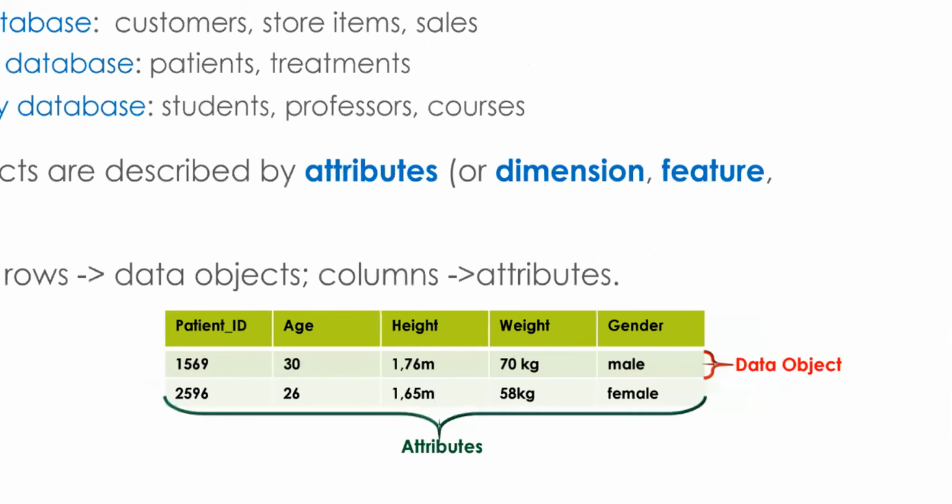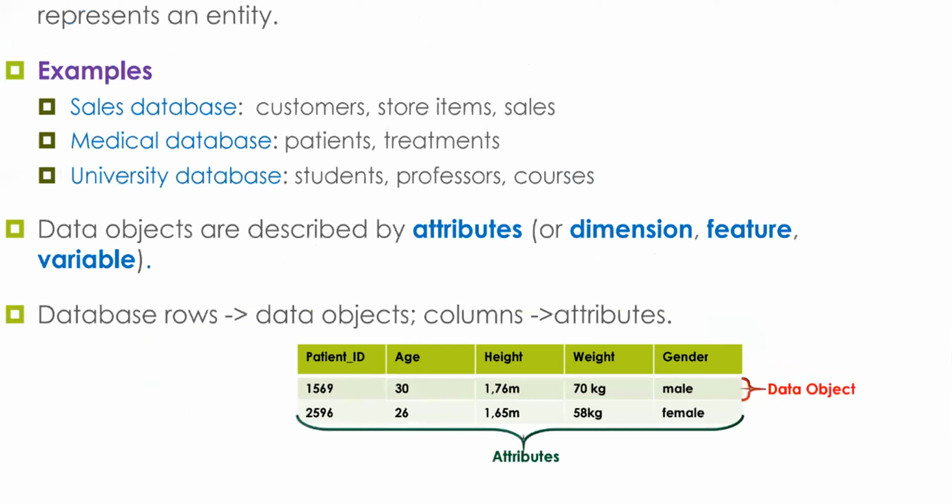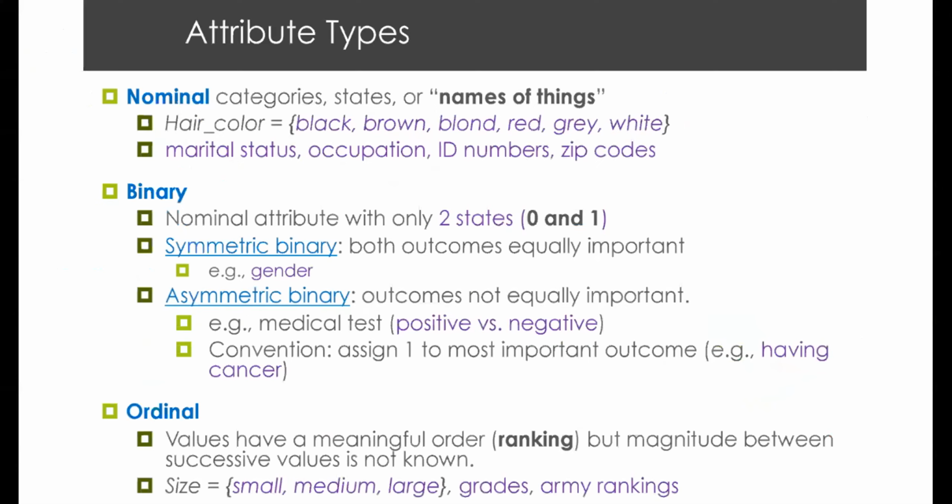What are the types of attributes? Here we have different types of attributes: nominal attributes, binary attributes, ordinal attributes. The first attribute type is the nominal.